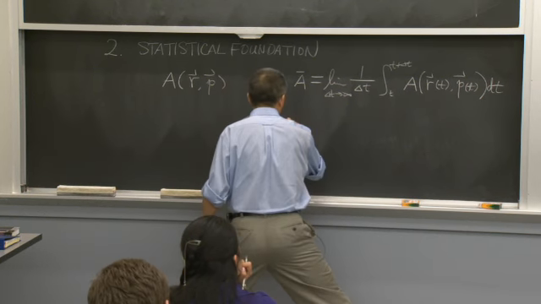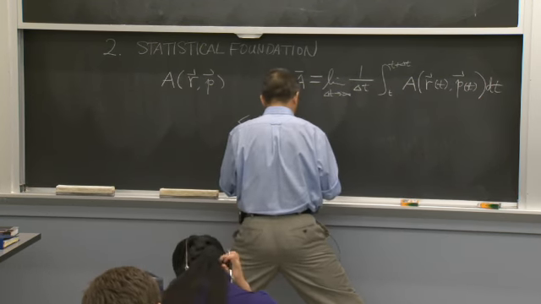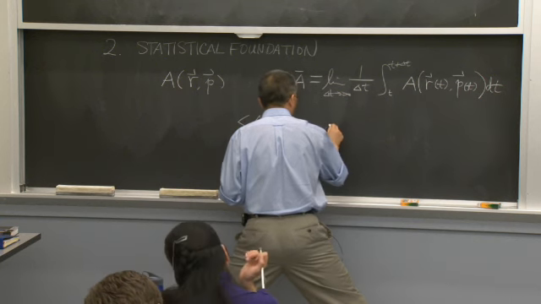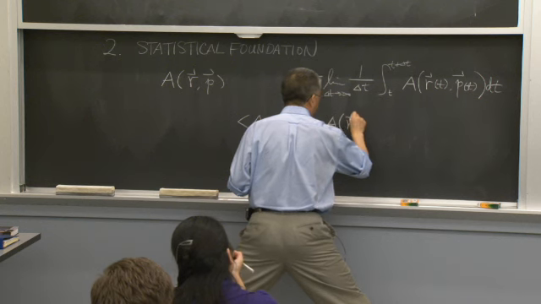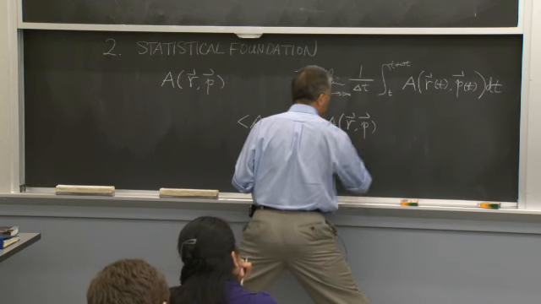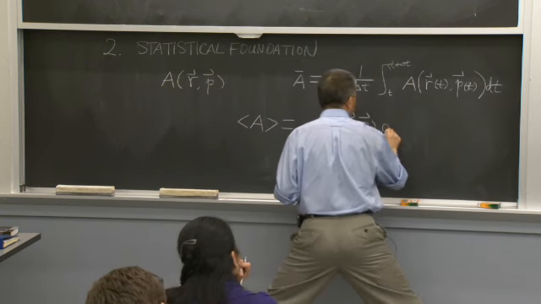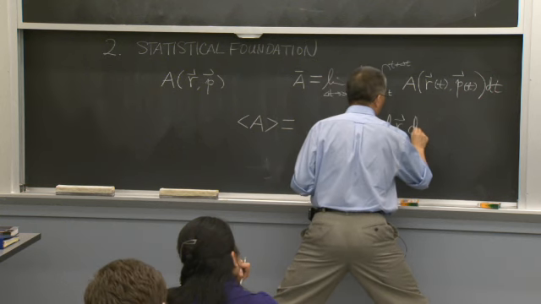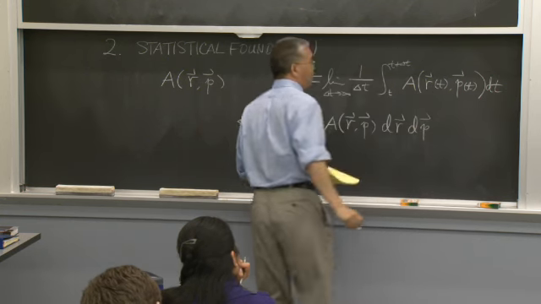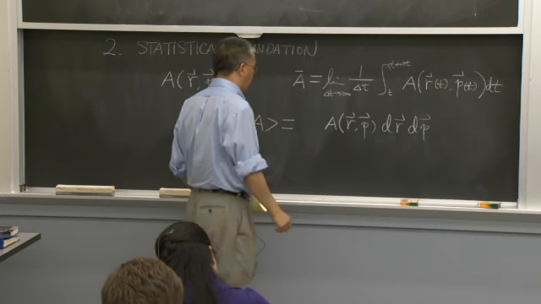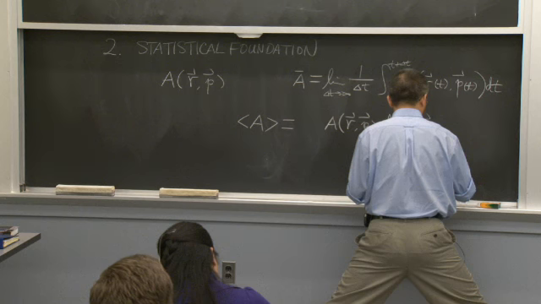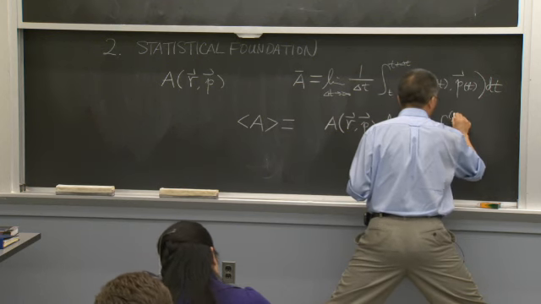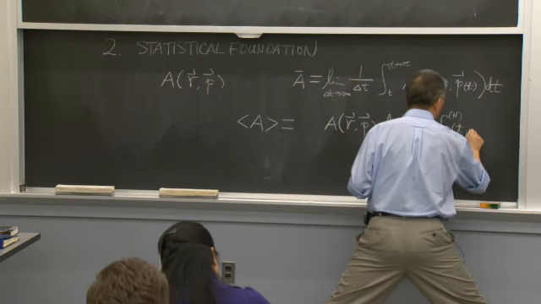I have the phase space variables R and P, and I integrate over the phase space variables with my probability distribution for the n particles in the system.